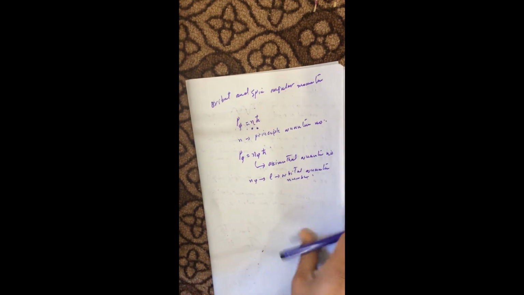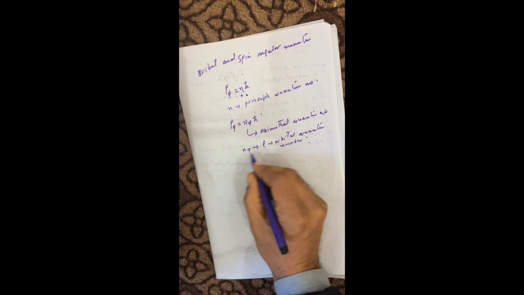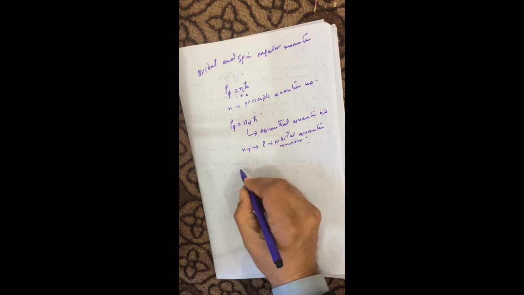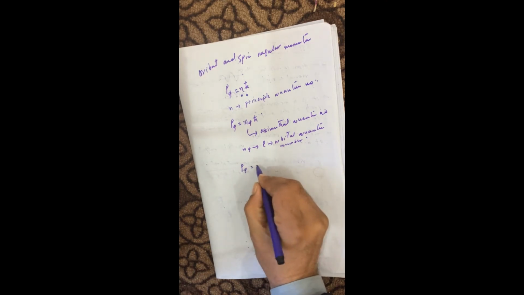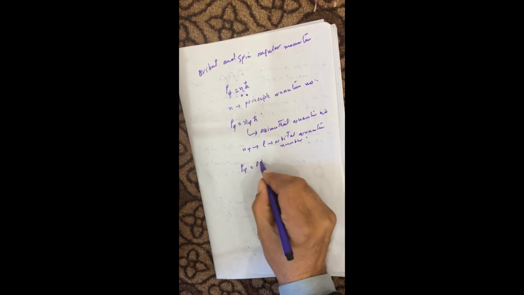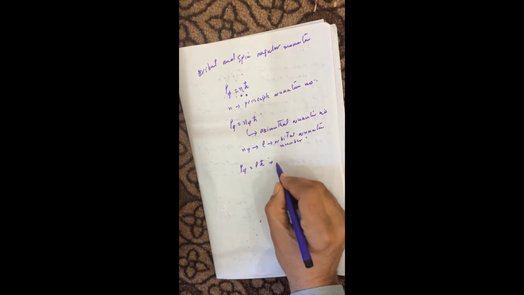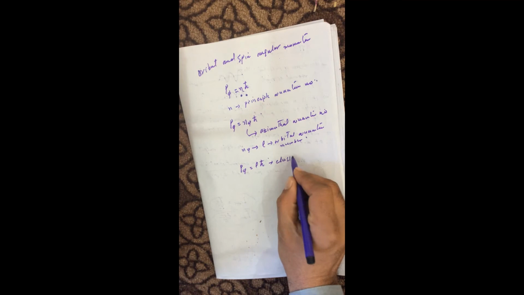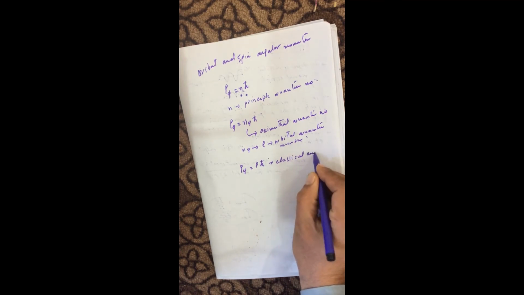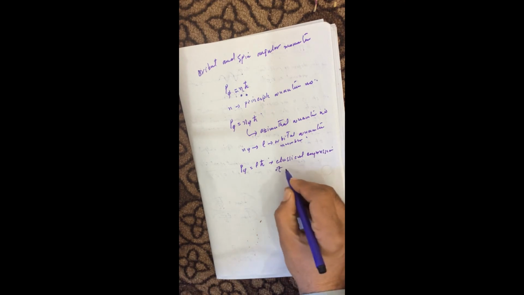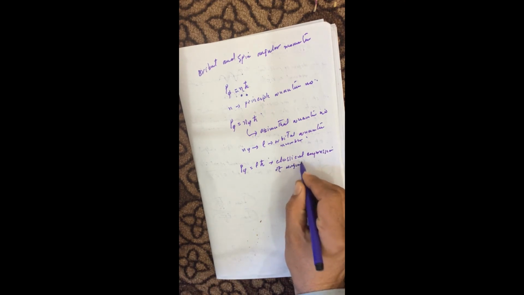So if we replace n of phi by L, then this angular momentum, which is P of phi, is equal to L h bar. Now this is the classical expression of angular momentum.